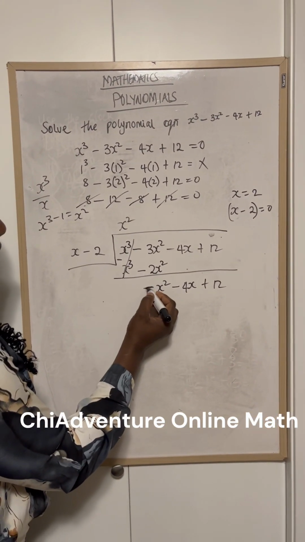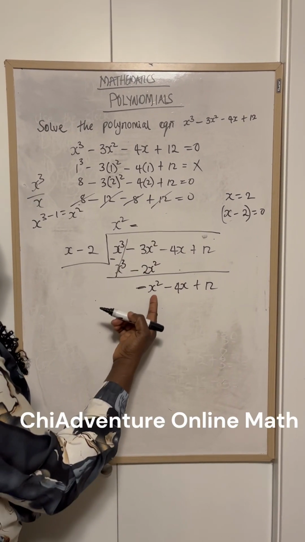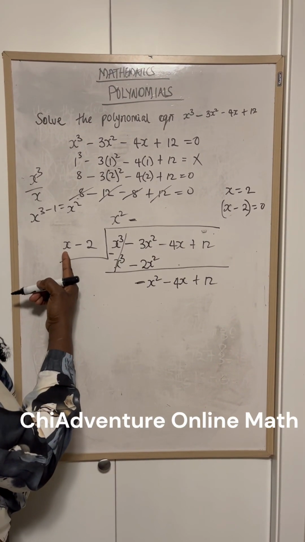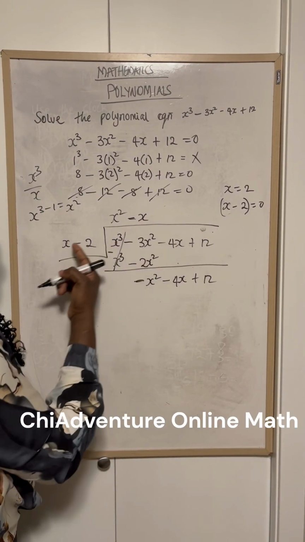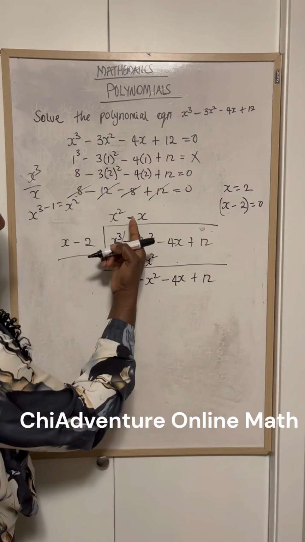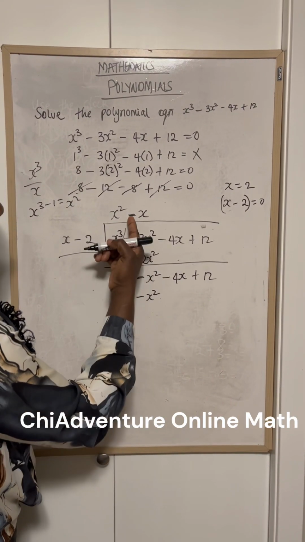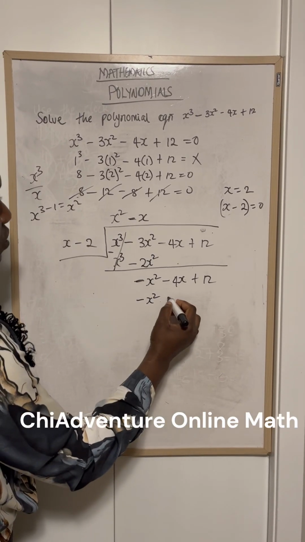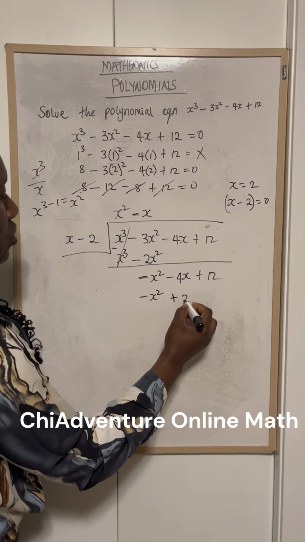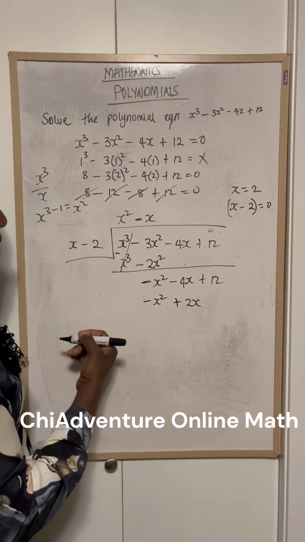Now this will have to divide this. Remember we have a negative sign here, so I'm going to put this negative sign here. X squared divided by this will give us x, so I'm having x here. X times x will give us, remember we have a negative sign, minus x squared. Minus x times minus 2 will give us what? Plus 2x. Minus times minus will give us a positive sign.